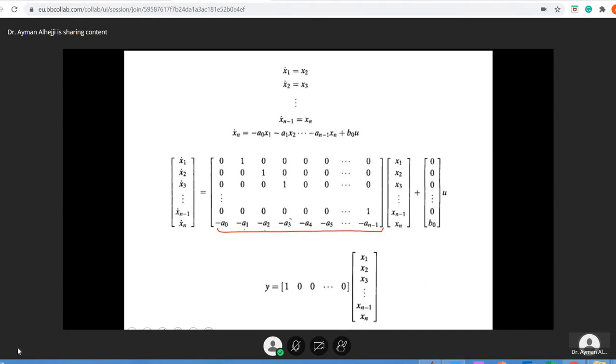So if you identify these parameters inside the matrix, you can know the state space or the state variables. You can name the state variables. We know A0 is related to the first part, x1.